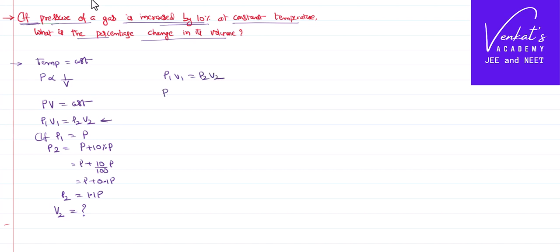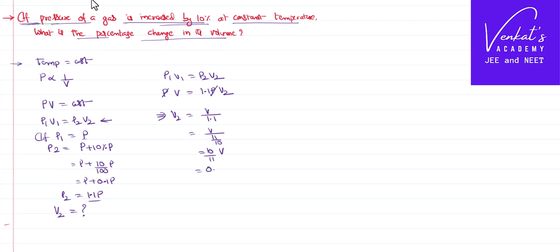We have assumed P1 as P, V1 as V. P2, as I told you, is 1.1 times of P. V2 equal to V. That implies this P and P can be cancelled. V2 equal to V by 1.1, that is V by 11 by 10, that is 10 by 11 times of V.